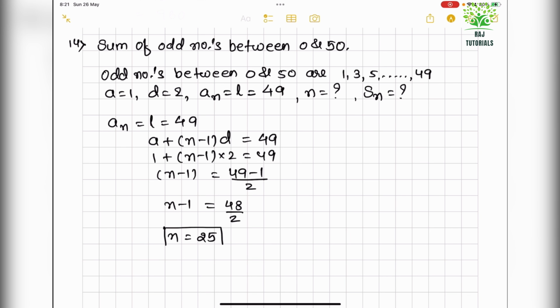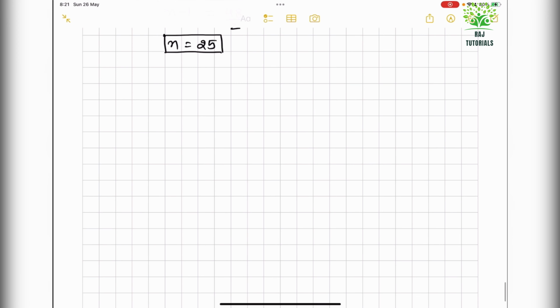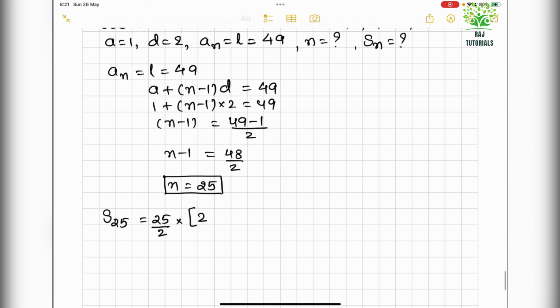Now I know that 25 terms I will get between them. So S25 will be 25 by 2 into 2a, so 2 into 1 plus (25 minus 1) into d.